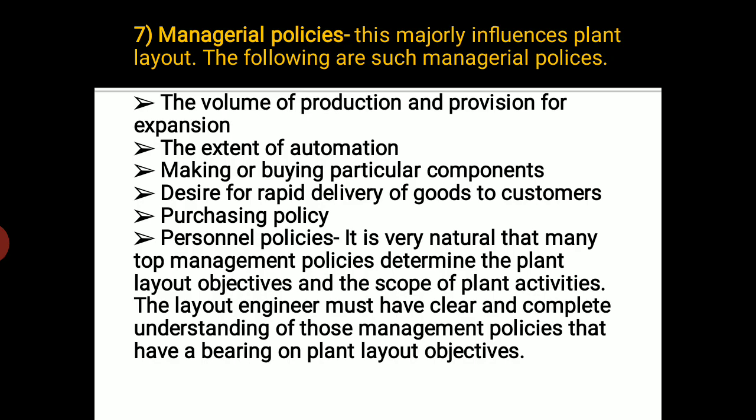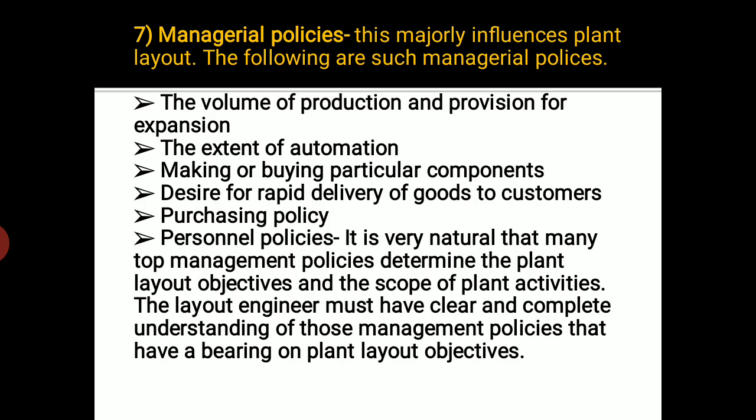Next comes the seventh and the last one, that is managerial policies. Now what are these managerial policies? Managerial policies are nothing but types of rules and regulations made by the management. These majorly influence the plant layout, because the following are such managerial policies. Number one, the volume of production and provision of expansion.